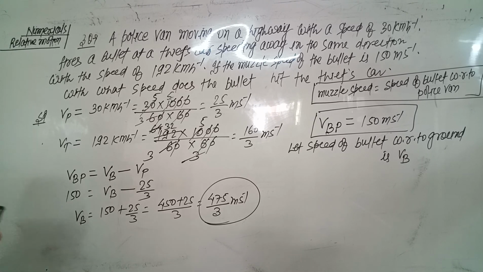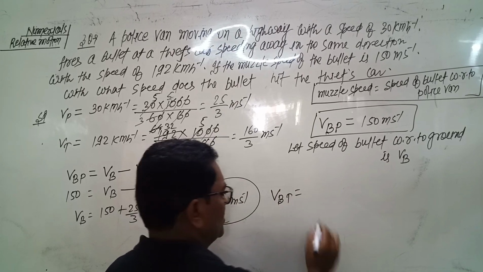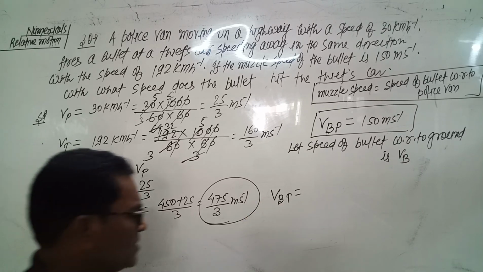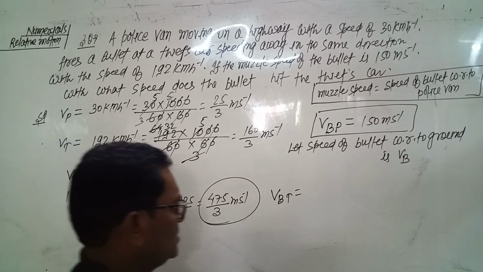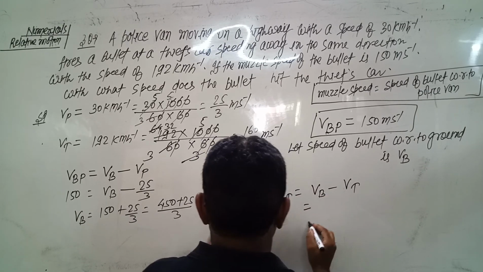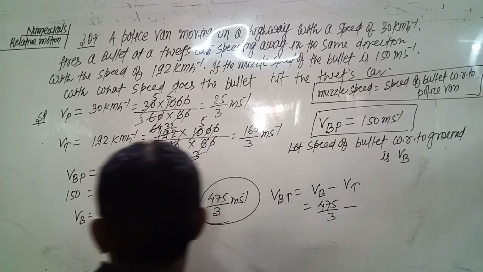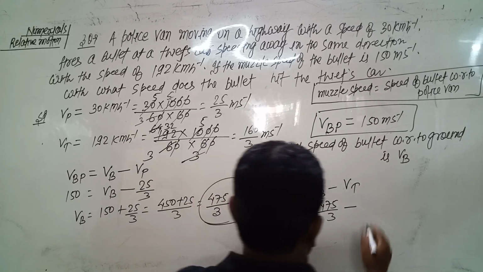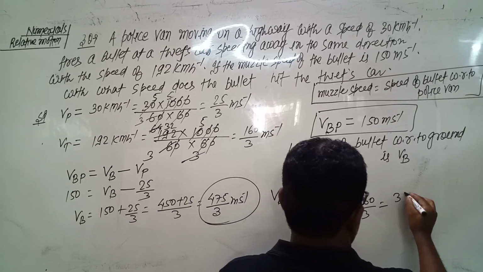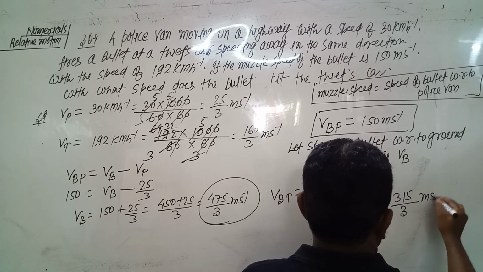Now we have to find the speed of bullet with respect to thief car, the relative speed of bullet with respect to thief car. So this would be VB minus VT. And VB we already calculated 475 by 3, and VT is given 160 by 3. So it comes to be 315 by 3 meter per second.